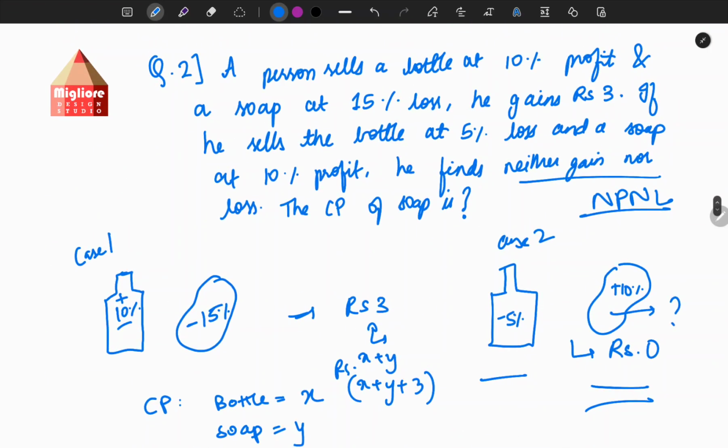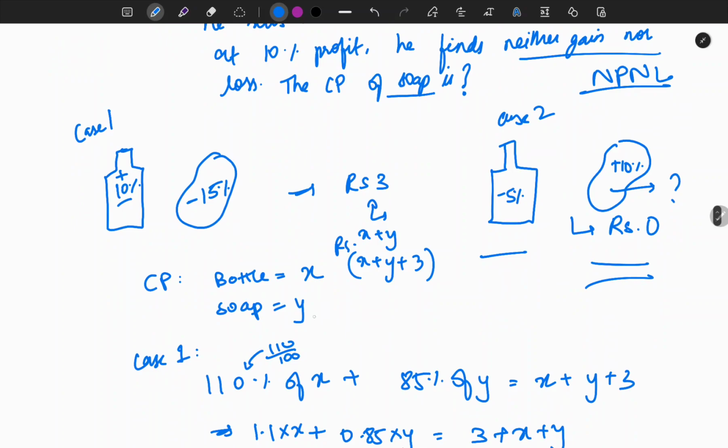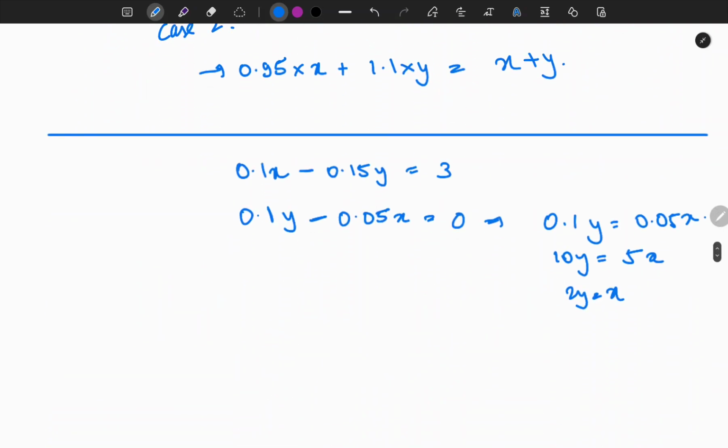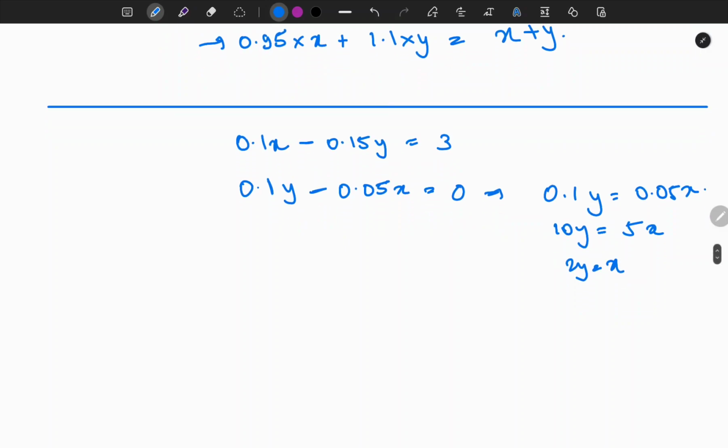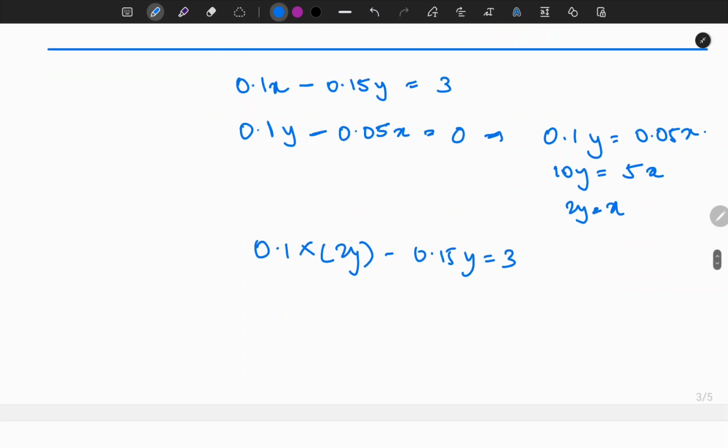We want to find the cost price of soap. Soap in this case we've considered to be y, so we're just going to leave this in terms of y. Now if we put this in the first equation, we will get 0.1 into 2y minus 0.15y is equal to 3.